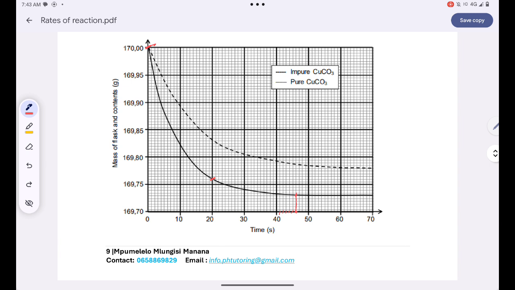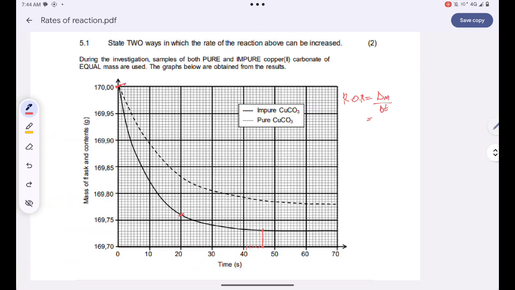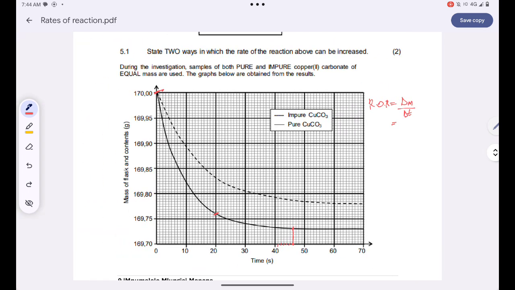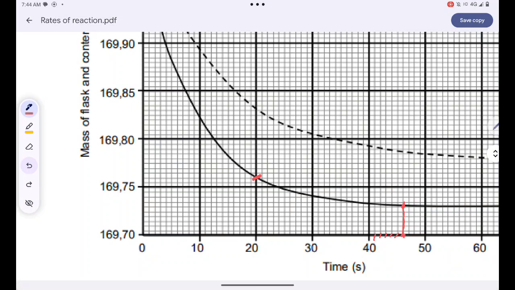Since we are given mass over here, I can simply calculate the rate of reaction by saying the rate of reaction is the change in mass of my pure sample divided by the change in time.